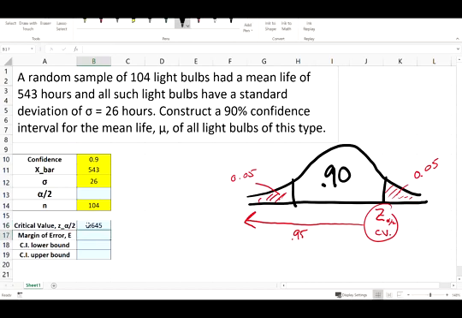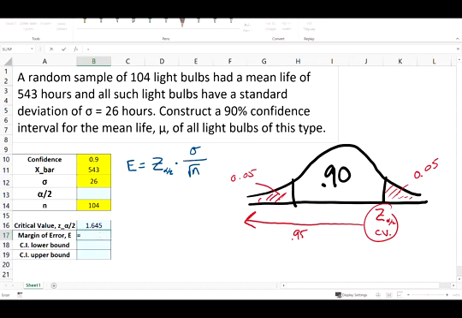So our formula for margin of error, E, is equal to the critical value, z alpha over 2, times the standard error of the mean, which, if we know the population standard deviation, is sigma divided by the square root of n. All right, so let's use Excel to calculate that.